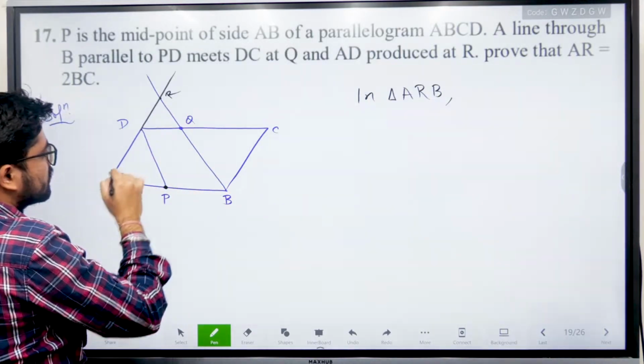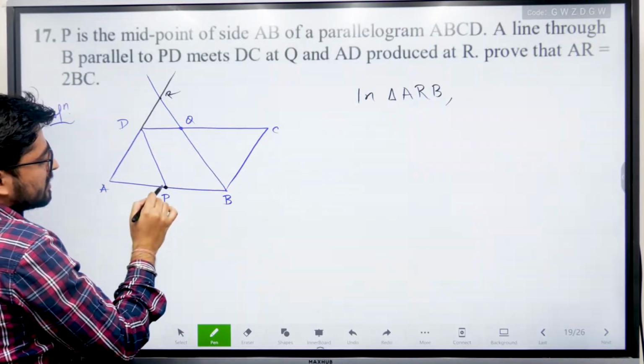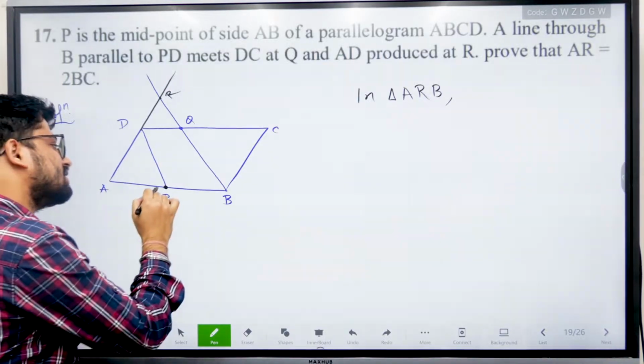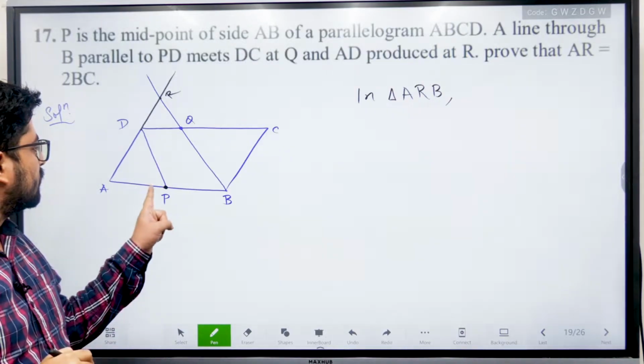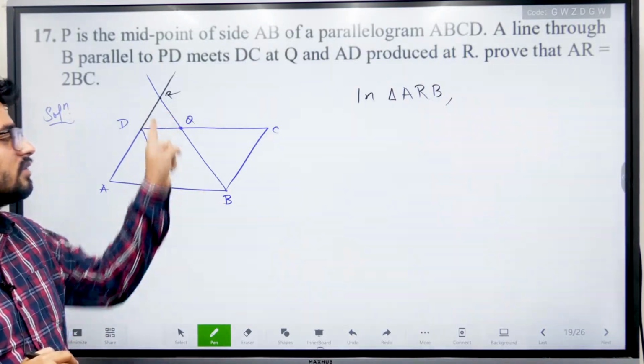ARB is this triangle. P is the midpoint, and this line PD is parallel to this third side. Line PD is parallel to the third side.